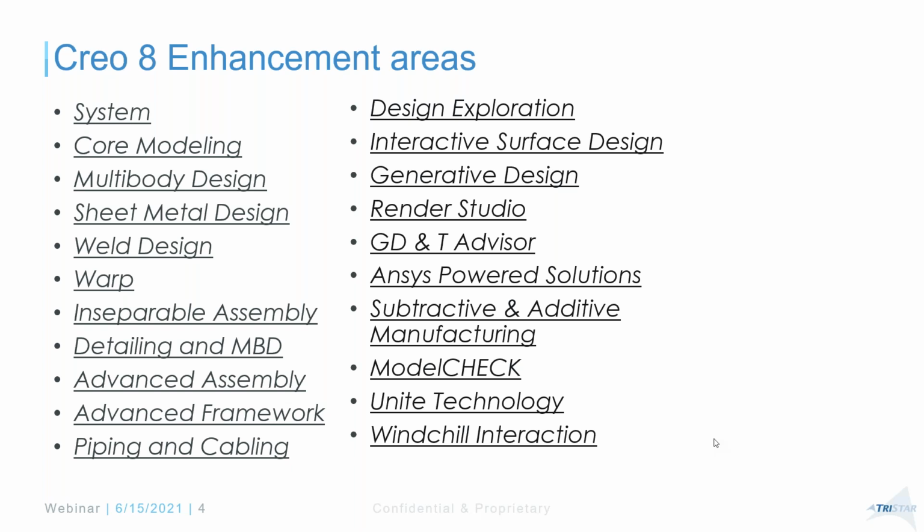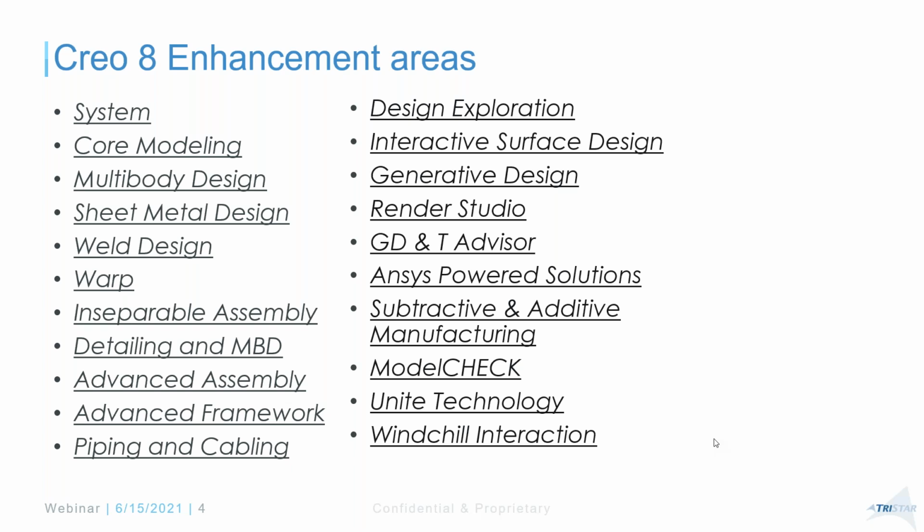As always, sheet metal design assemblies, MBD, and detailing has always been a key enhancement area in pretty much all the releases these days. Apart from that, some of the extensions, right? GD&T Advisor or generative design extension, or interactive surface design extension for advanced surfacing, all of including both subtractive and additive manufacturing areas have been improved.